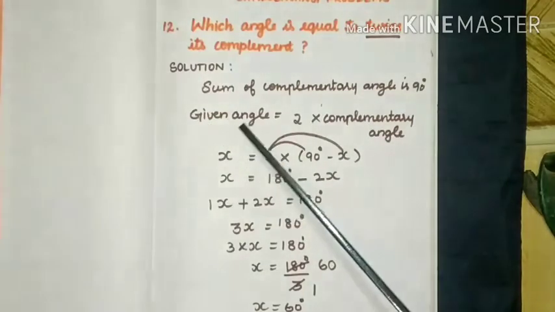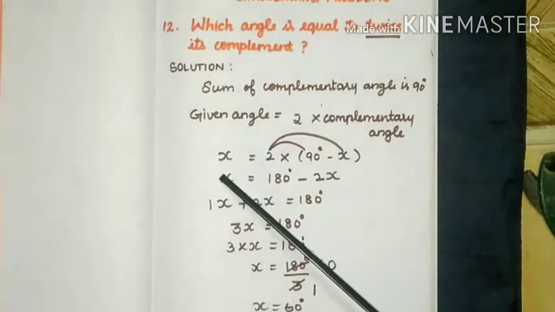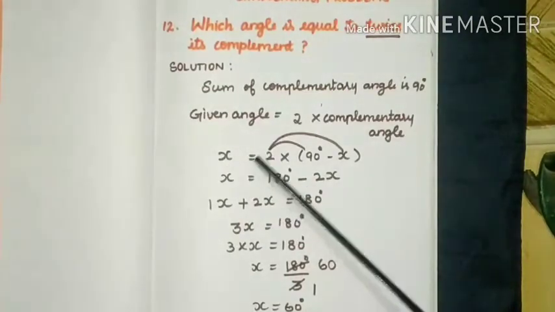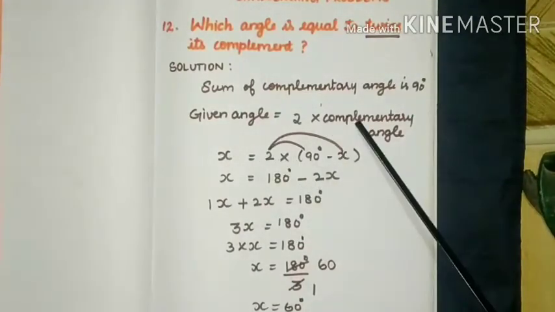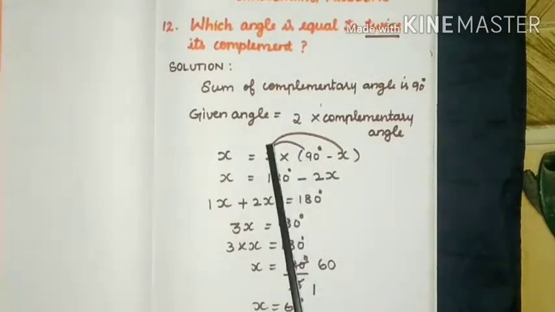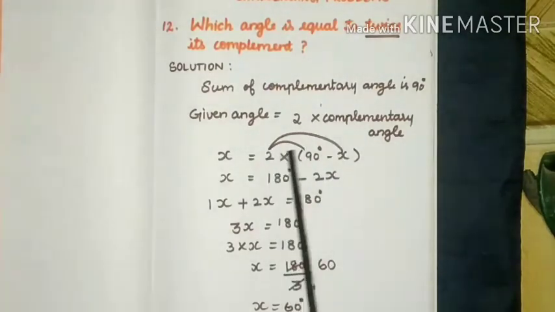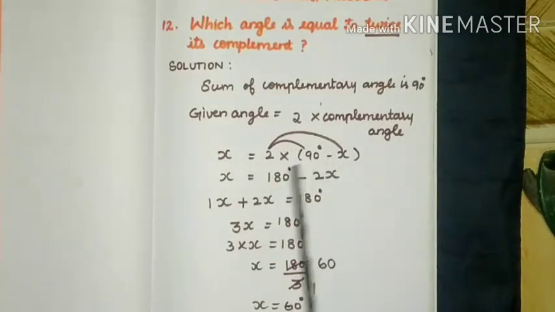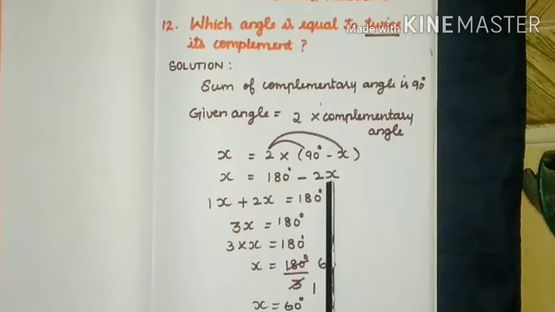Here we don't know the given angle, so let's substitute a variable as x. Let the given angle be x. x equal to 2 times the complementary angle, that means 90 degree minus x. 2 into 90, 2 into x. 2 into 90 is 180. 2 into x is 2x. Then you have to separate the like terms.